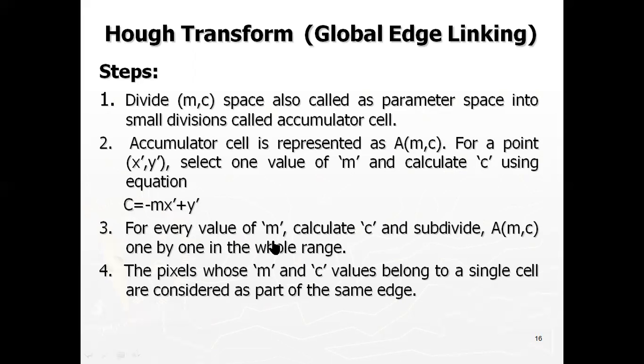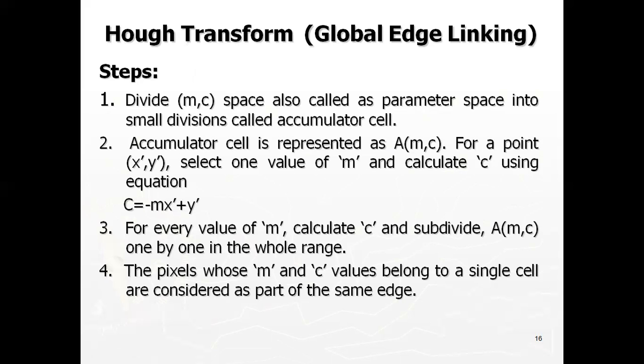For every value of m, calculate c and subdivide one by one in the entire range. The pixels whose m and c values belong to a single cell are considered as part of the same edge. This particular concept is called Hough transform, or it is also known as the global edge linking algorithm. Students, this is all about how edge detection is carried out.